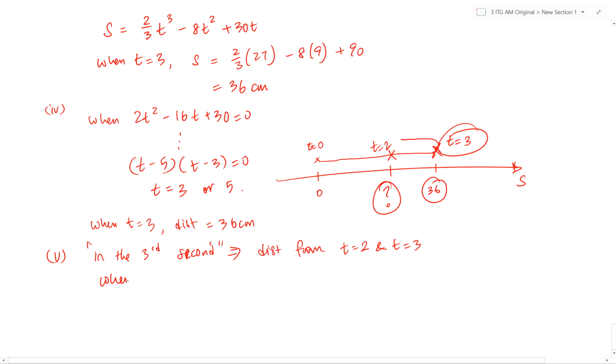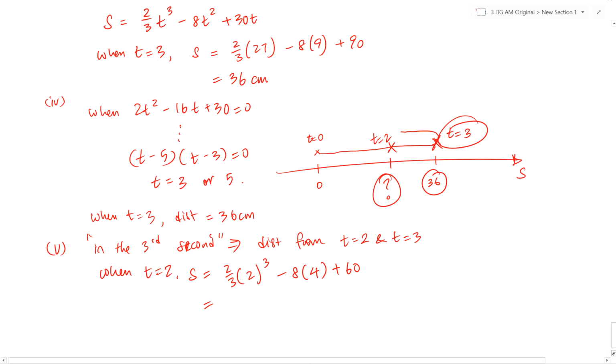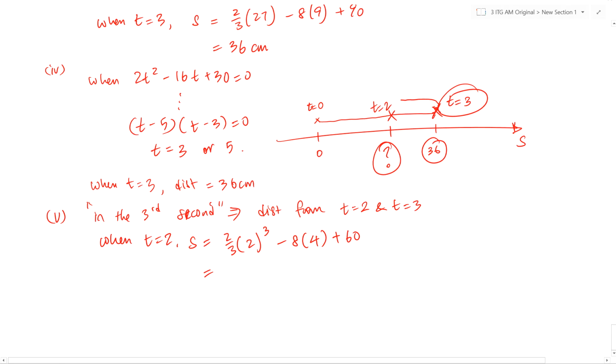So when t equals 2, displacement will be 2/3. Somebody please help me calculate after you substitute them in. 8 times 4 plus 60. 33 and 1/3.